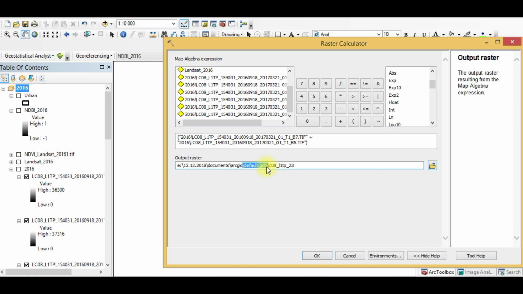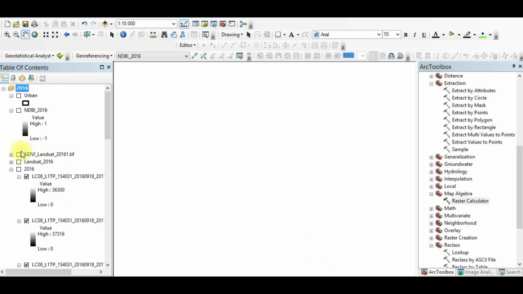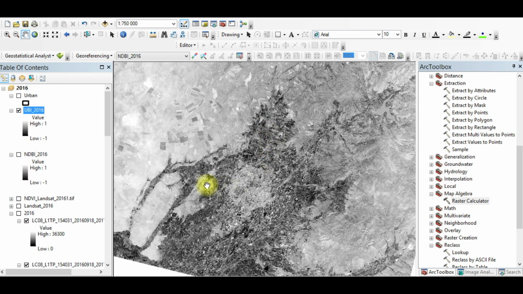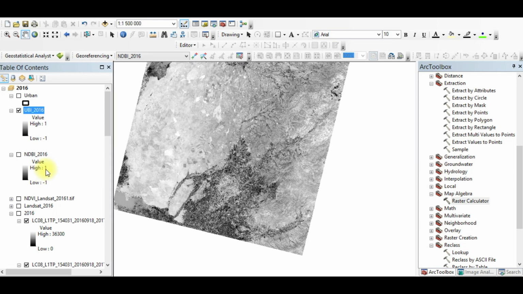This is urban index 2016. So this is my urban index 2016.